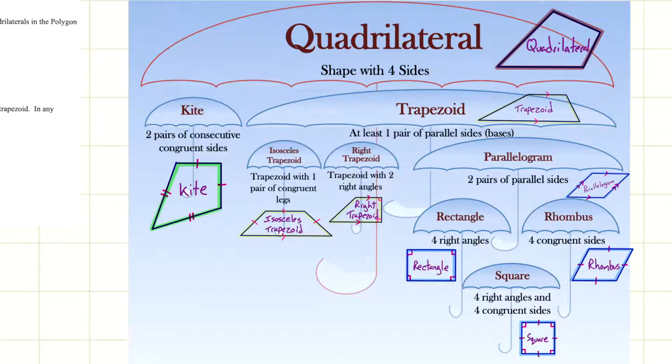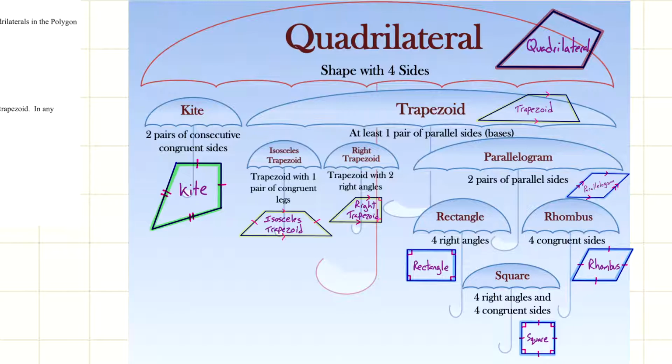So if you understand what a parallelogram is, then hopefully you understand that a rectangle, rhombus, and square are also considered parallelograms, right? And so keep that in mind, or that a kite does not have any parallel lines. It's the only shape that does not, besides the general shape of quadrilateral.